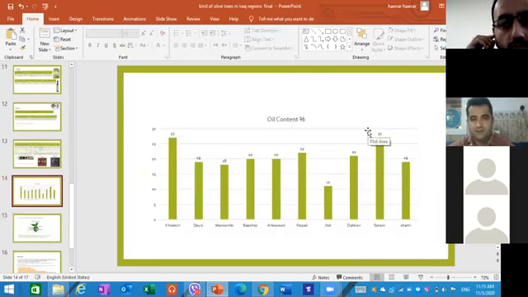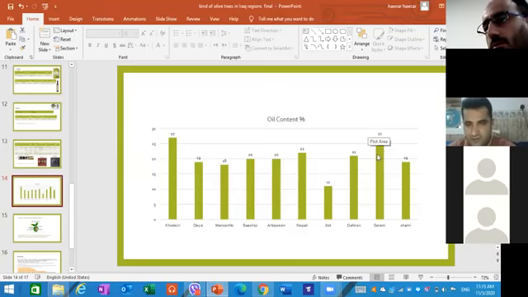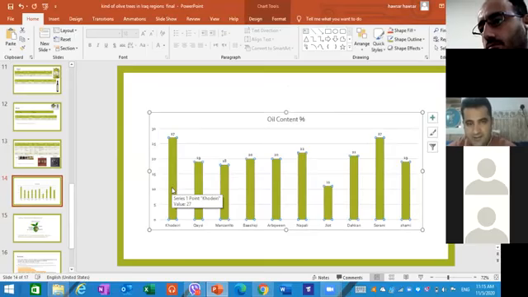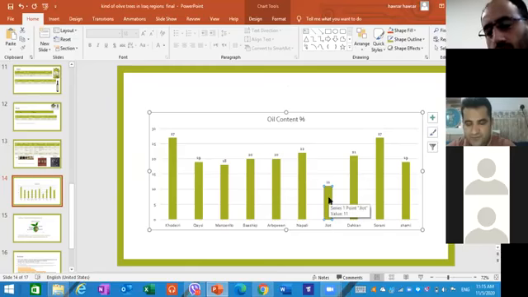About oil content among all cultivars, Dakhuri and Sorani have more oil content, and Jalut has very little oil production. Jalut we use for eating, especially as edible fruit table. But Sorani and Dakhuri we used for oil production.